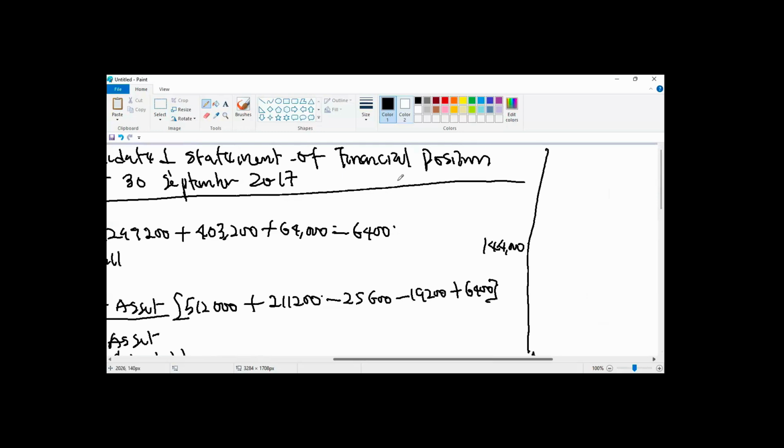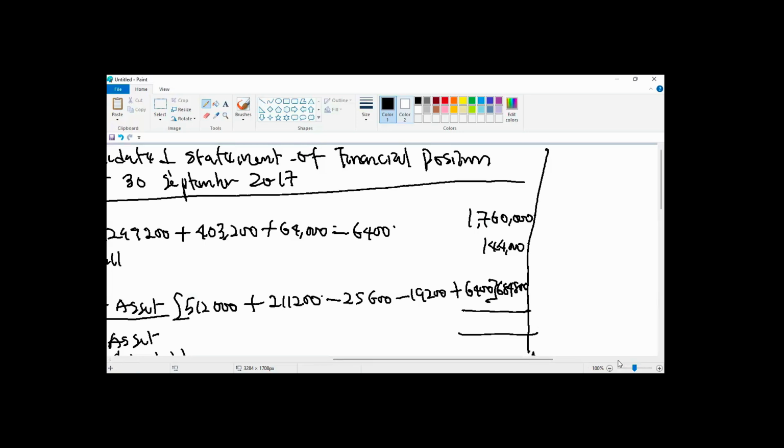PPE is 1,760,000. Then the current assets, 684,800. That's all. I will now add them together.